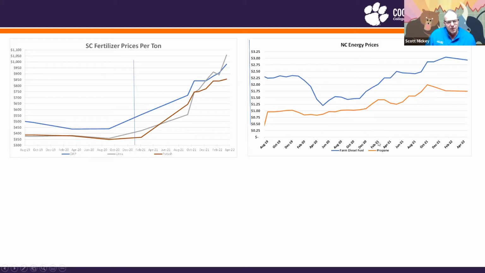And then on the propane, LP gas, it's actually declined since first of the year also, or held steady. But again, it's quite a bit higher than it was a year ago, about doubled on both of those. So fuel prices are probably having a big impact because so much of what we do on the farm requires diesel fuel, whether it's getting the products and goods into the farm to use or shipping out our production. Energy is really going to be a key factor to watch as we go through the summer.